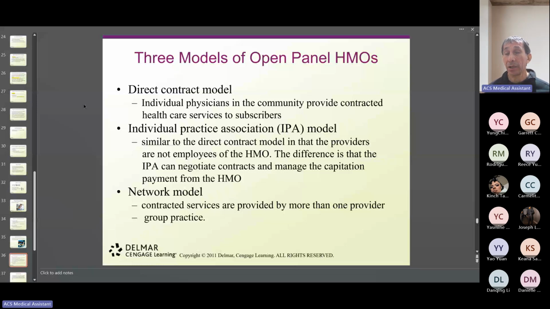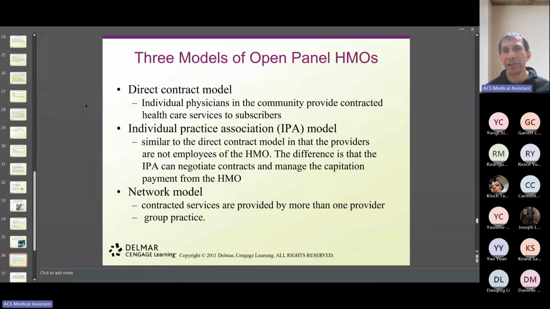So that is like closed and open. Open, you have the freedom to choose who you want. Closed, you have to see only people from this network. That's basically what it is. And you have to accept what services you can receive. The assignment of benefits.